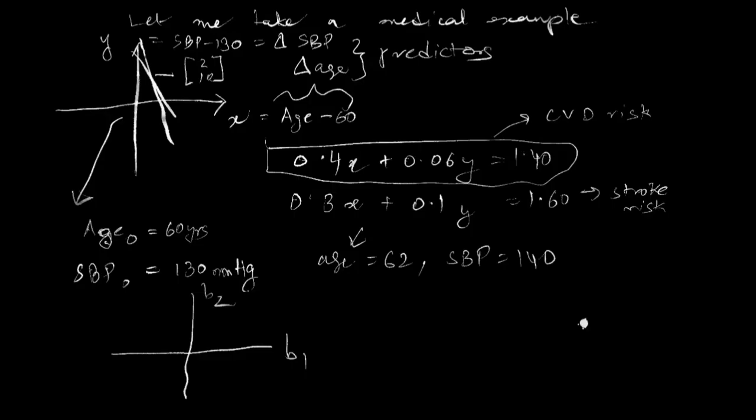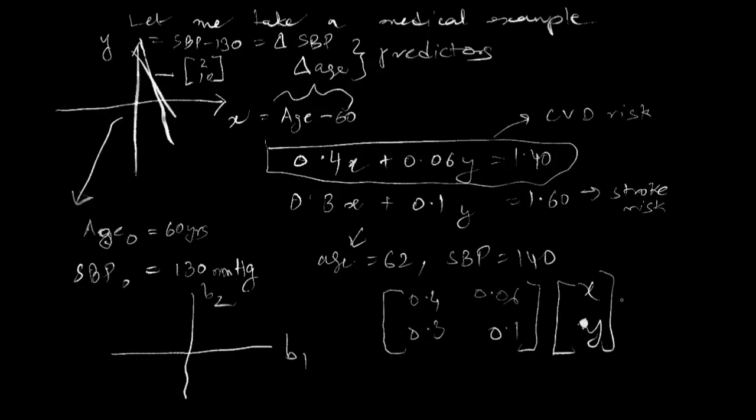If I write this as a matrix expression, I have 0.4, 0.3, 0.06, 0.1, and I have x and y, and this is my B1, B2, and B1 is 1.4 and B2 is 1.6.